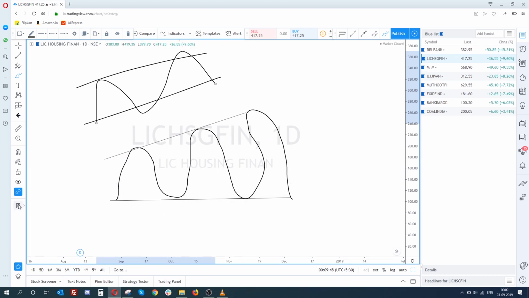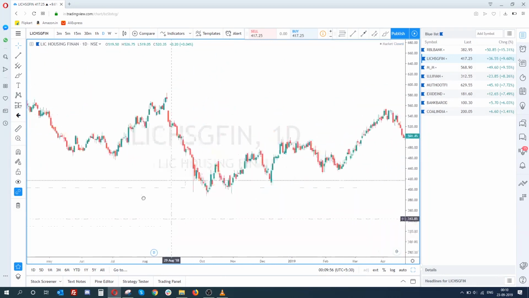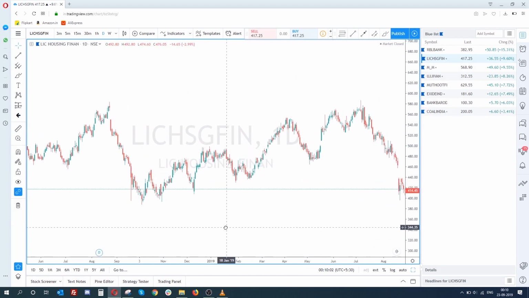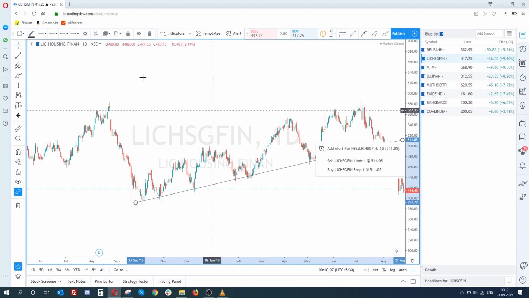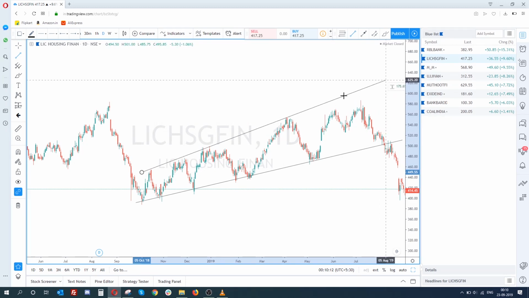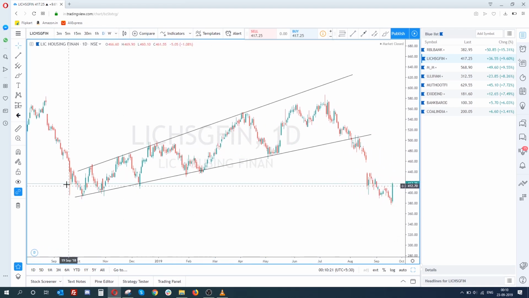Let me go ahead and explain with the chart so that it makes more sense. So this is LIC Housing Finance. I'm going to draw. This is an upward channel. Here if you see, the price was wandering around the area of these channels.